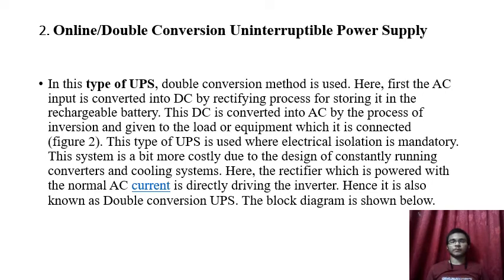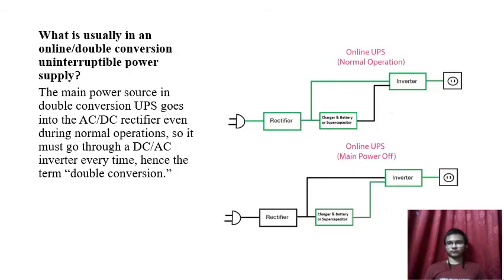This system is a bit more costly due to the design of constantly running converters and cooling system. Here the rectifier, which is powered with the normal AC current, is directly driving the inverter. Hence, it is also known as double conversion UPS. The block diagram is shown below.